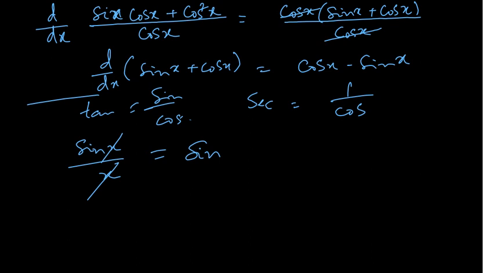Big blunder. First of all, learning tan equal to sin by cos kind of thing is wrong. We must say tan x is equal to sin x by cos x.